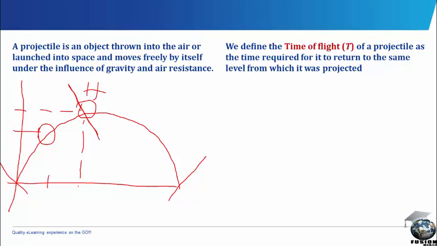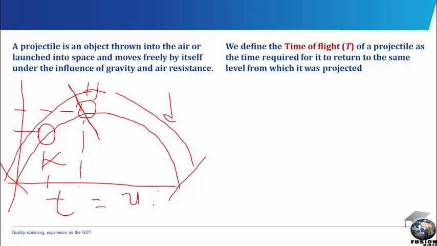This one is called ascent, while this one is called descent. The time of ascent or time of descent is mathematically given as small letter t equals u sine theta all over g. This is the time of ascent or descent, any day, anytime.